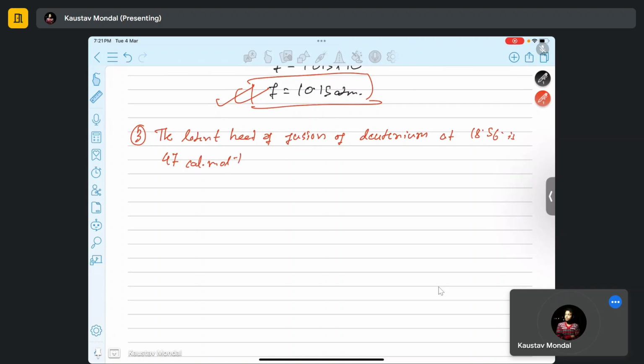The slope dP/dT is 40.5 kg per centimeter square per mole.